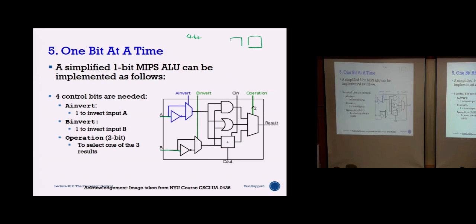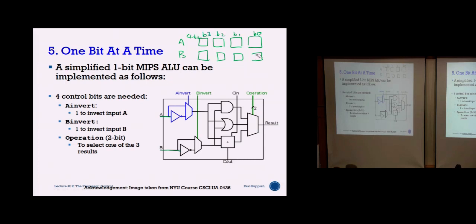Okay, so let me draw 1 bit. So this is maybe A and B. This is bit 0, this is bit 1, bit 2, and bit 3, for example.